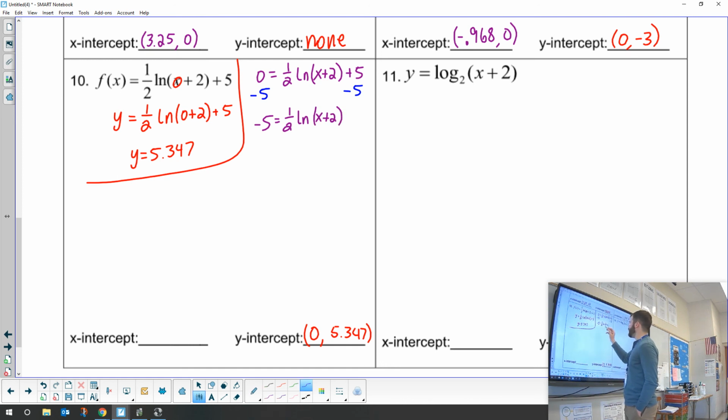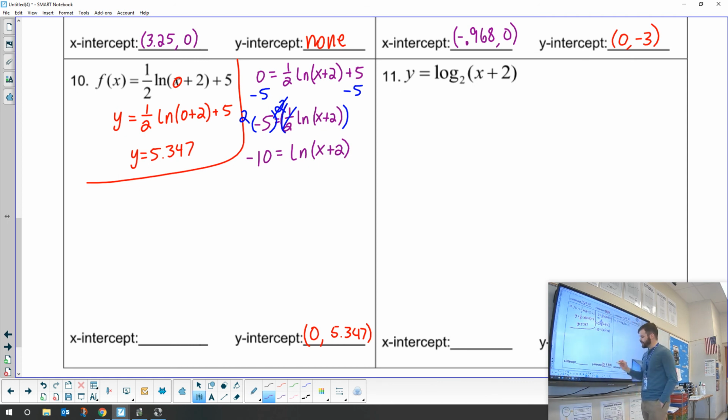Then we're going to get rid of that 1/2. To get rid of that 1/2, I need to multiply by 2. So we're going to also multiply this side by 2. So multiplying by 2, cancel those two 2's out, and we're going to get negative 10 equals the natural log of x plus 2.